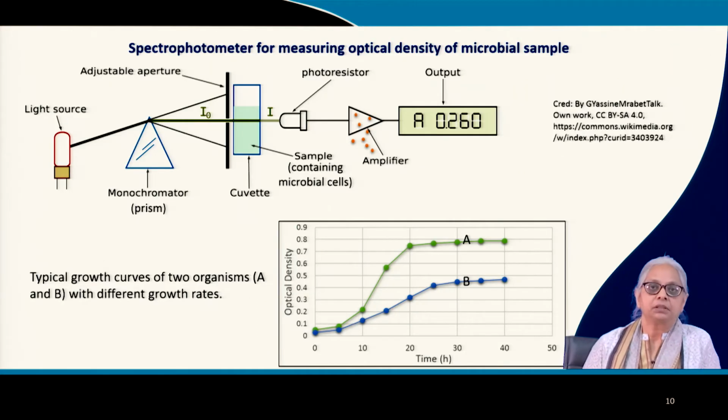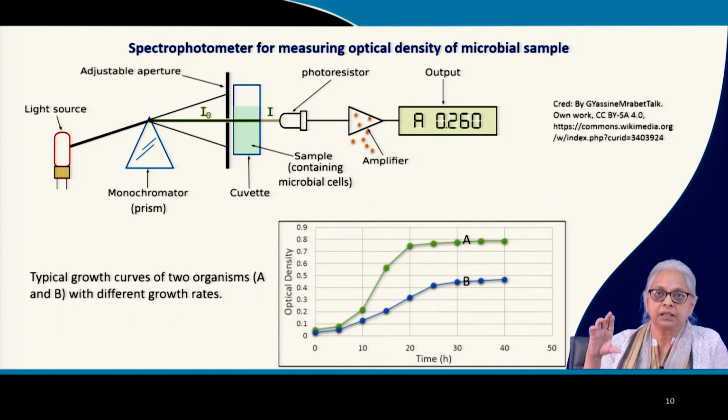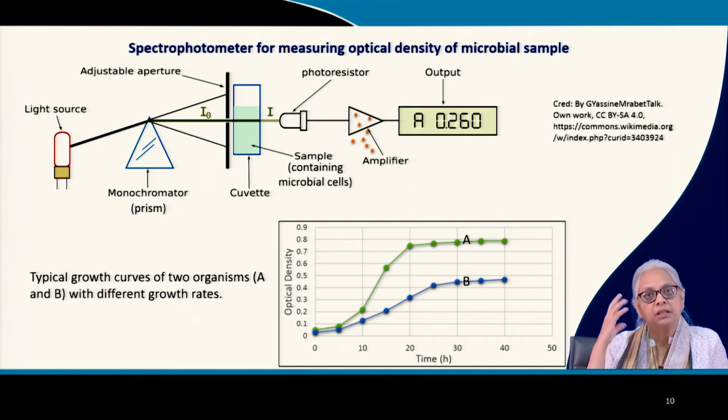Then we come to another method, which is called optical density measurement. So you can grow your cells in a clean nutrient media. When it has no cells in it, it will have a certain optical density which will be close to 0, because the cell concentration is 0 at the time of the sterilized nutrient broth or whatever media you are using.